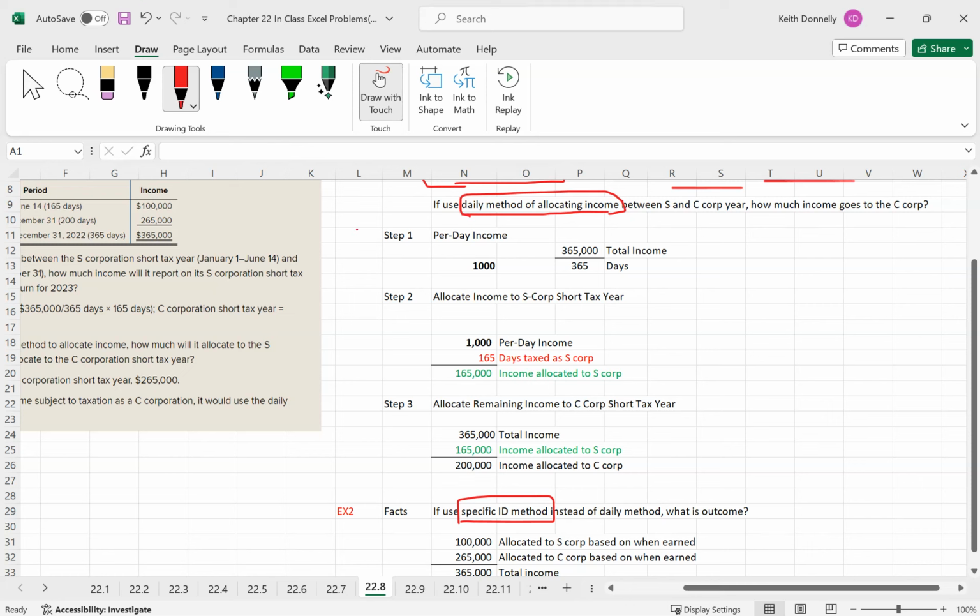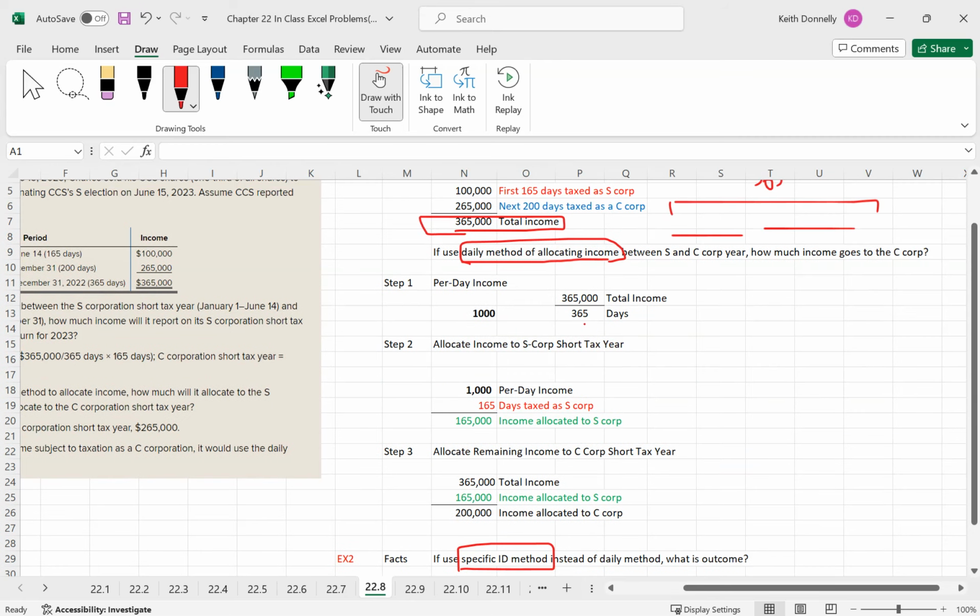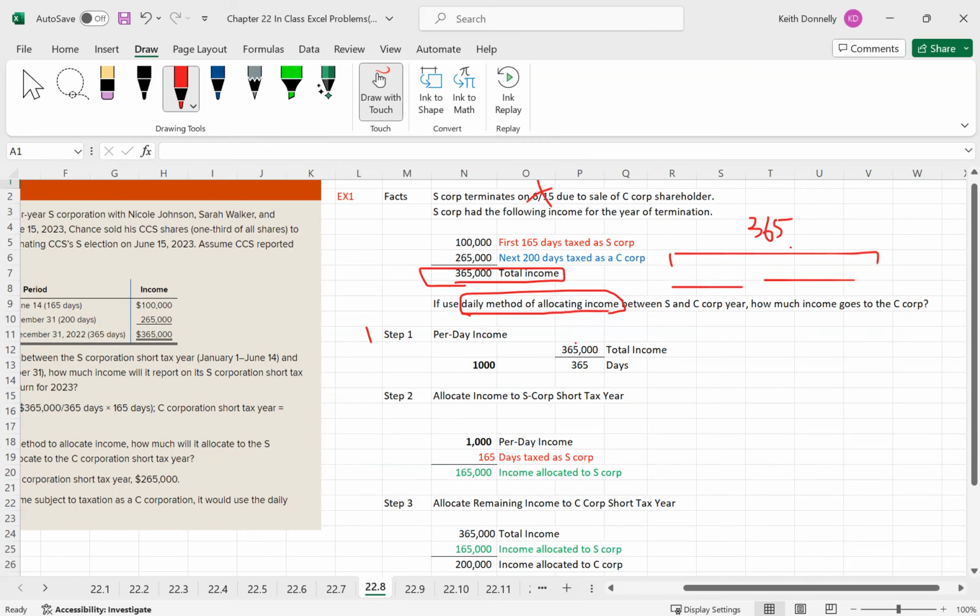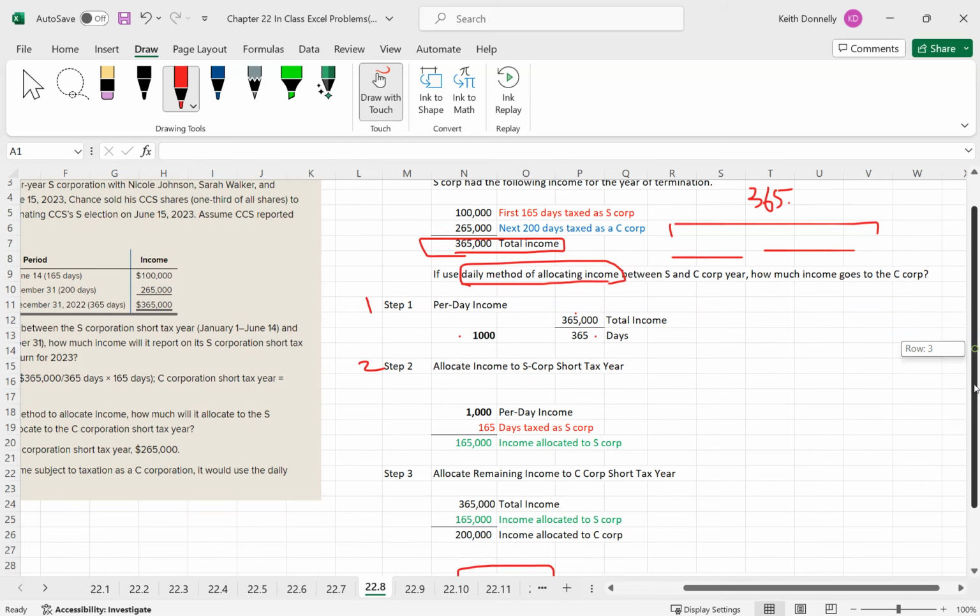Essentially, we said we have 3 steps. Step 1, figure out our per day income. We made $365,000 for the entire year, 365 days, so per day we made $1,000. Step 2, we allocate the income to the S Corp year.